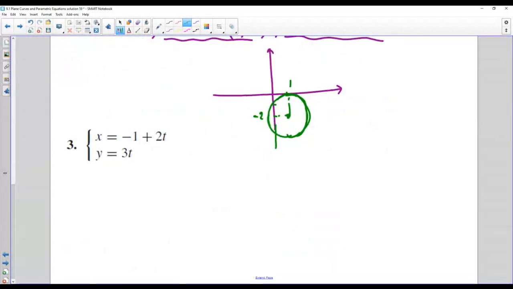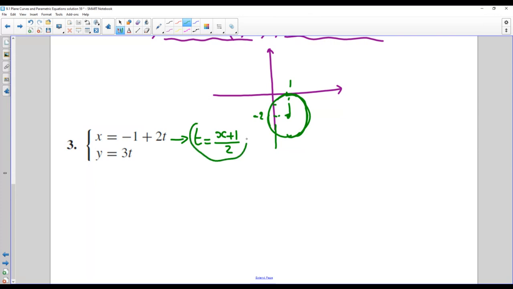All right, now 3 is a similar thing. So what we have here is, I can get t from the first equation. So t from the first equation will be x plus 1 divided by 2.